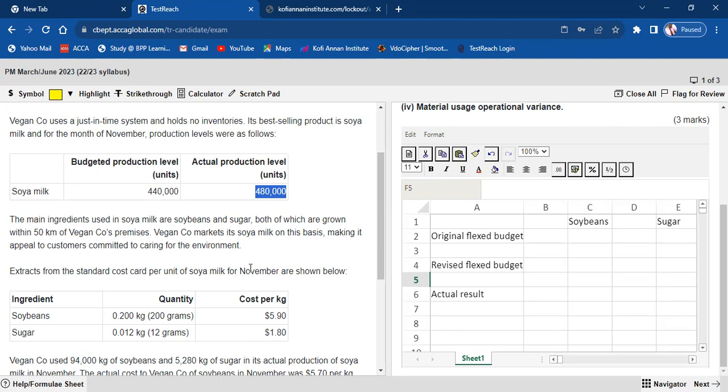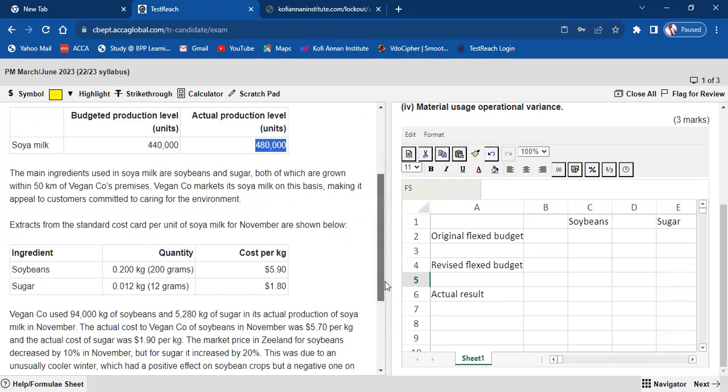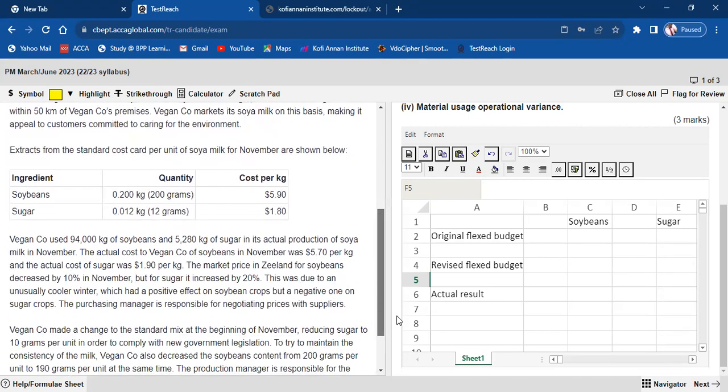Vegan Co markets its soya milk on this basis, making it appeal to customers committed to caring for the environment. Extracts from the standard cost card per unit of soya milk for November are shown below.